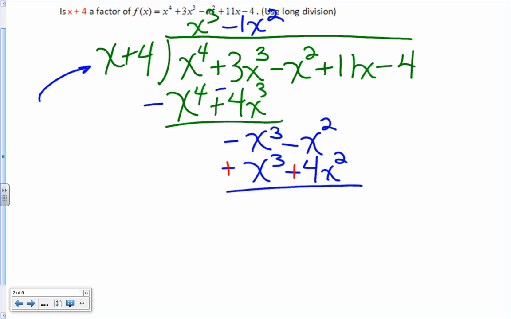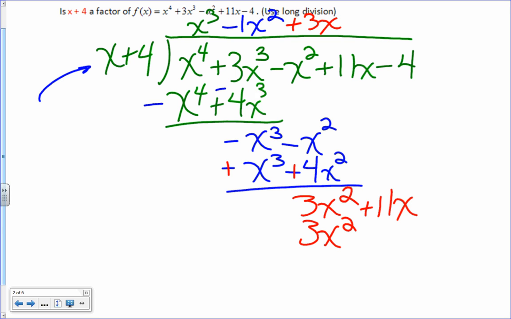Change your signs. And what do we got there? 3x squared. Again, you can bring down any term you want, but we'll just try that one. If we divide 3x squared by x, we get 3x. So 3x squared plus 12x.